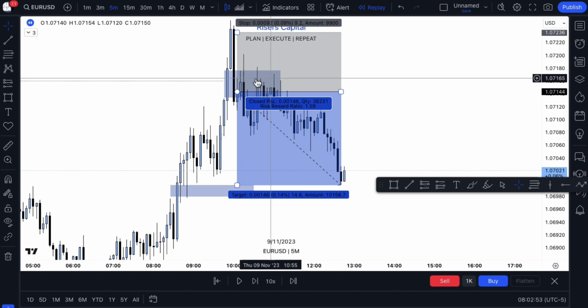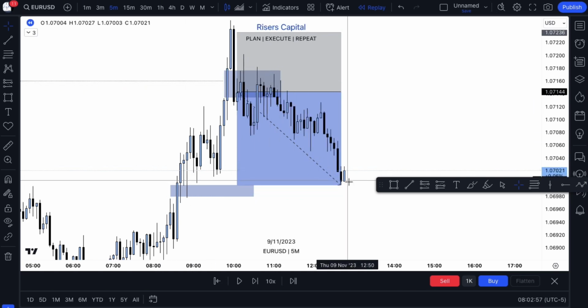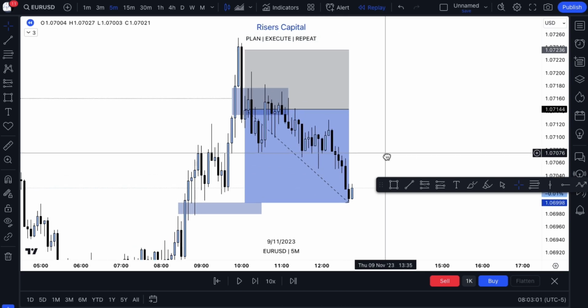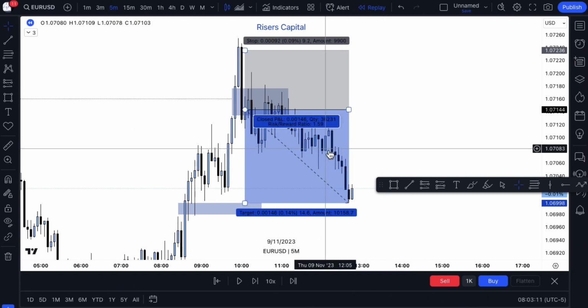We can see that this BPR was in fact respected very nicely, and we did hit TP at 1.6R very cleanly. Now, I hope you've learned something from this video. Remember, London Close Killzone won't have a big move most of the time. You can see this was 14.6 pips, which is actually enough, but you don't want to be targeting more than that.